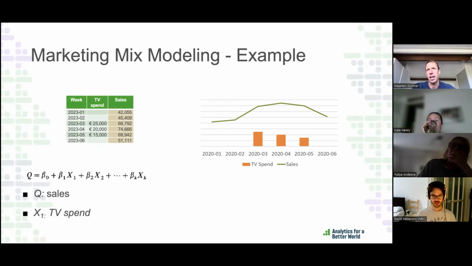Typically we would do it using a variable transformation called ad stock. So you could Google that one if you want to dive deeper into it. But indeed, that's something very good to consider when you're building these kinds of models, that there might be a delay between the spending and the increase in sales. And there are ways to address that, mainly doing an ad stock transformation on your spending variables.